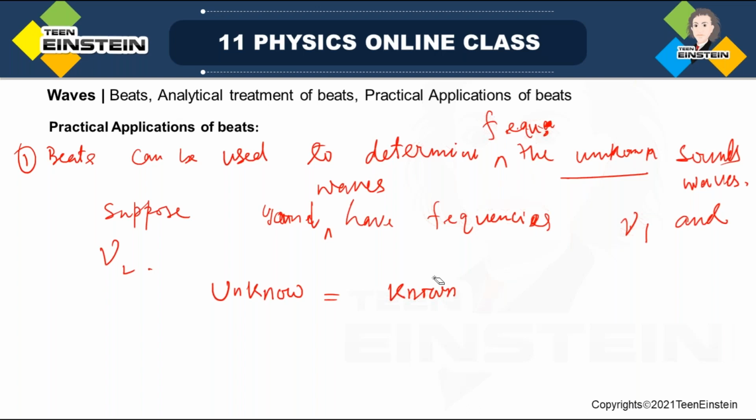So the unknown frequency will be given by the known frequency plus or minus the number of beats produced.